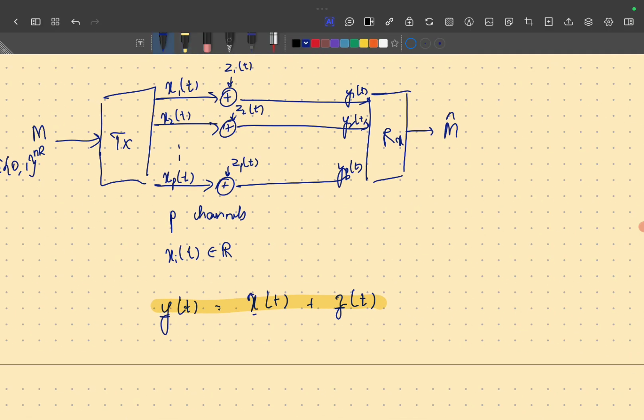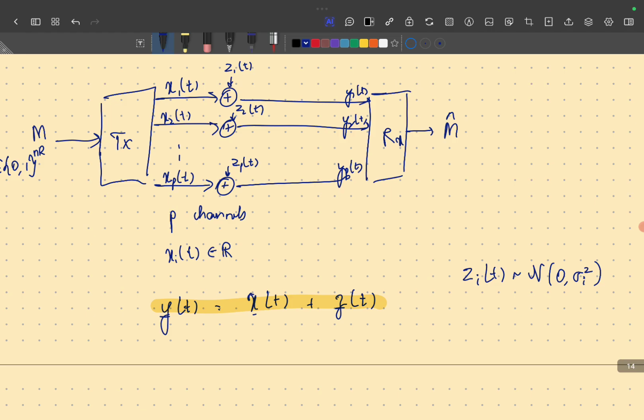And here I'm assuming that each Zi of t is Gaussian with zero mean. Each Gaussian is independent, zero mean, and the ith channel sees a noise variance of sigma i square. So the P sub channels are not identical.